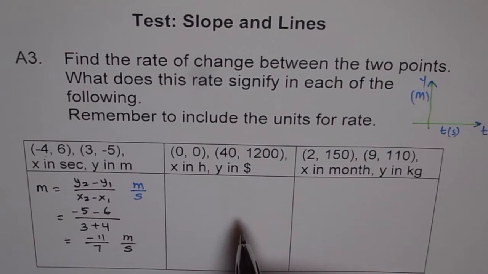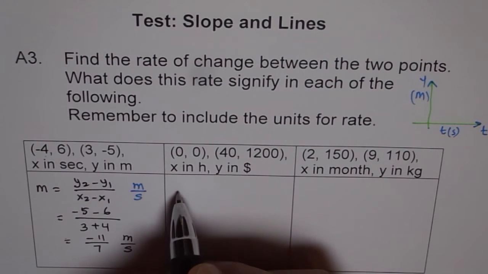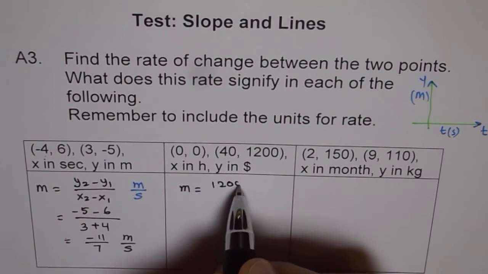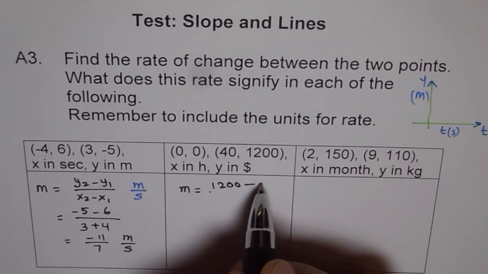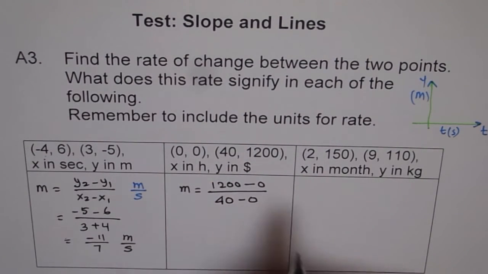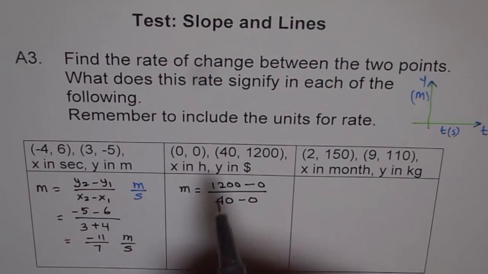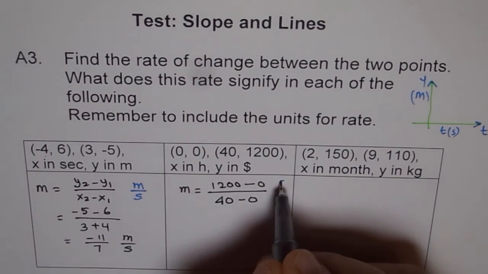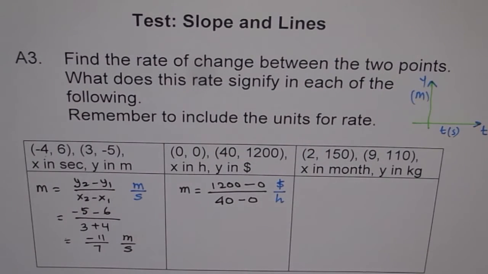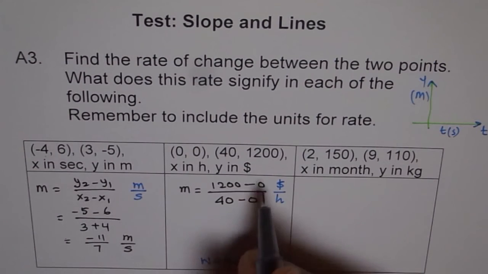Well, here is a solution for the next one. So the slope, next one, is 1200 minus 0 divided by 40 minus 0. And what are the units? Units for y is dollars. We'll write dollars over hours. It looks like wages, right? Dollars per hour.